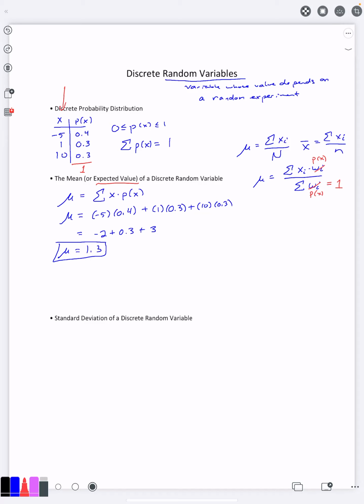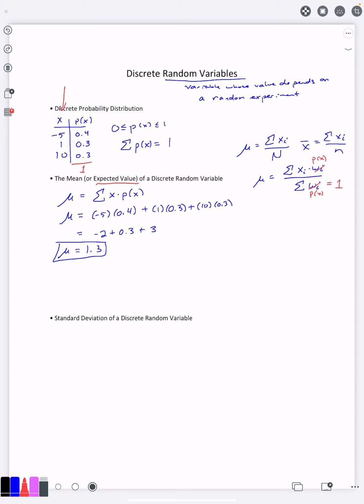But this is saying that on average, if you were to keep playing this game over and over and over again, let's say play it 1,000 times or 1,000,000 times or however many you want to, if you take your winnings and losses and balance it out, it's going to end up being a net gain of about $1.30 per game you played. So if you ended up playing 10 games, you'd expect to be up about $13.